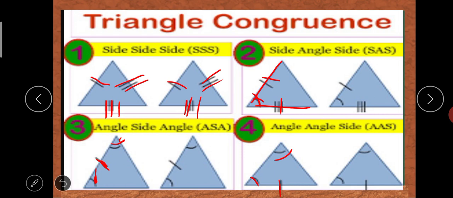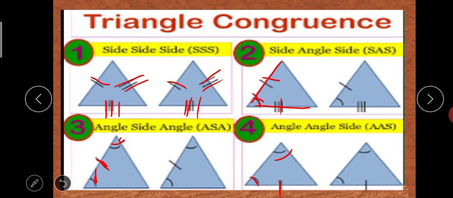When we compare two right angle triangles, if the hypotenuse and one side of one right angle triangle are equal to the hypotenuse and one side of the other right angle triangle, they are congruent. I have not shown it here, but everyone knows the right angle triangle, in which one angle is 90 degrees. So this is also one of the criteria for right angle triangles.